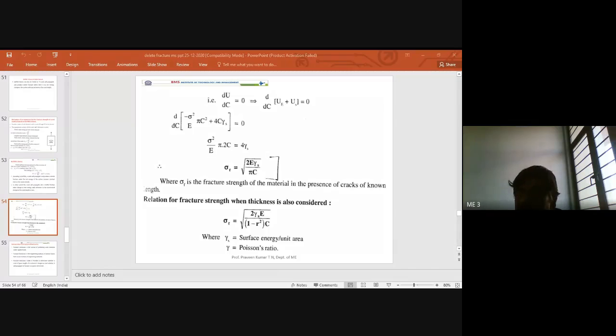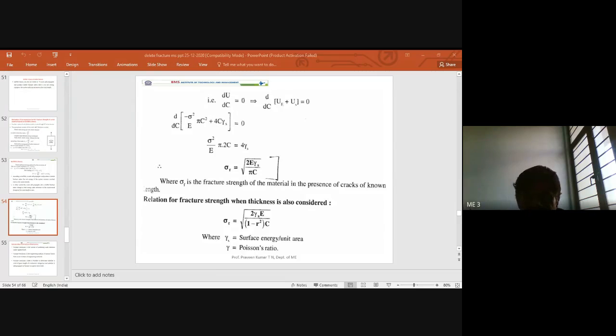That energy you can consider as strain energy. Because of loading there is deformation in tensile testing, elastic as well as plastic. At the initial level there is only elastic deformation, so there is elastic strain. Whatever energy is spent in applying the load is stored in the form of deformation energy or strain energy.